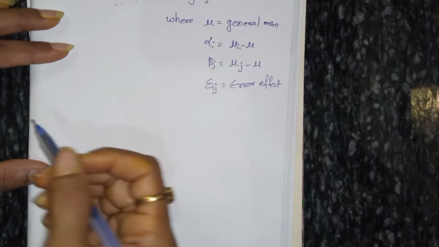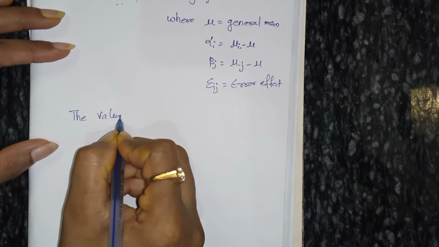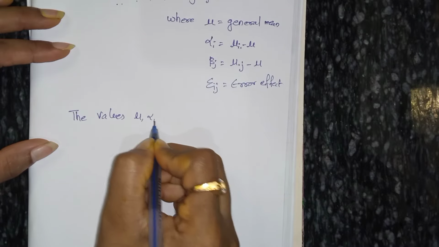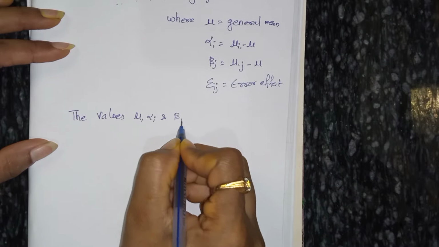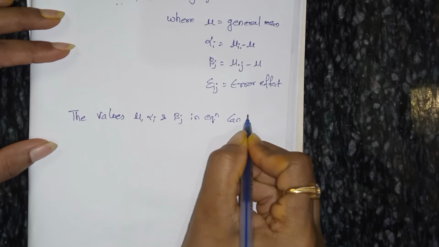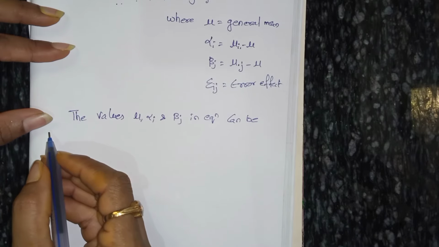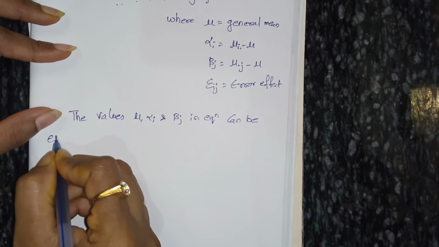Now we have to find out the values mu, alpha i and beta j in equation 1, which can be estimated. Why? Because these are unknown constants that we have to estimate.